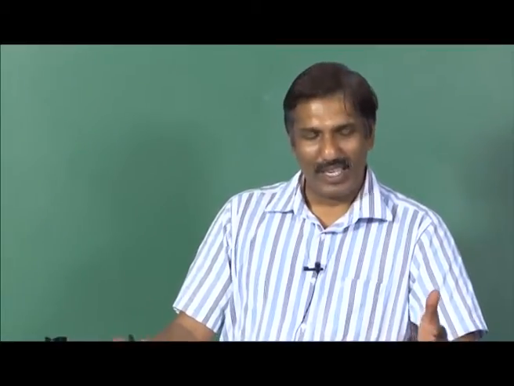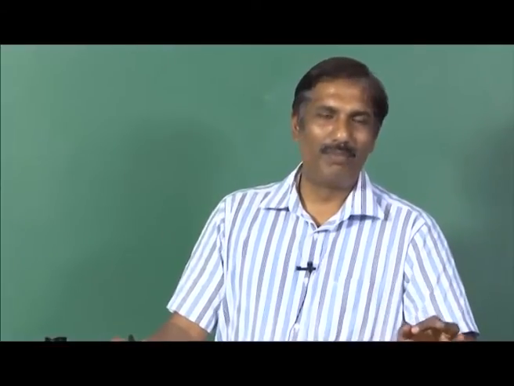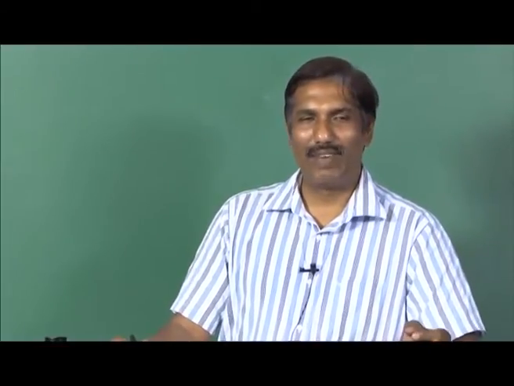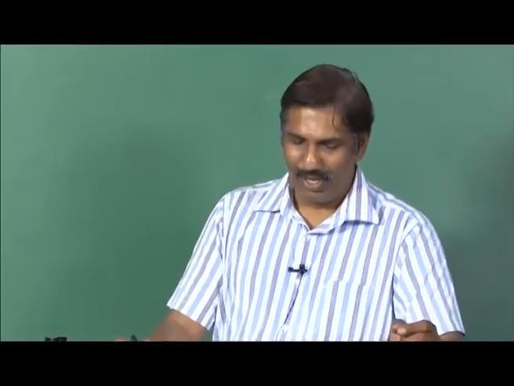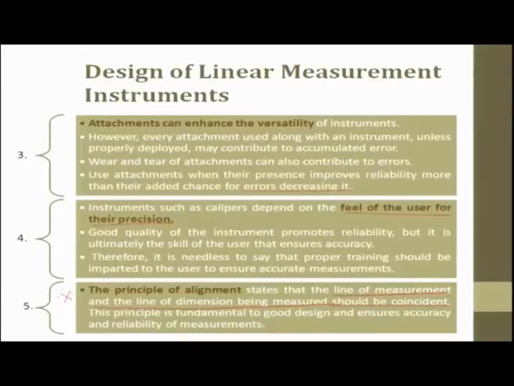For example, if they are not coincident and if it is inclined at an angle, there will be a cos theta or a sin theta value added to the base when you get the result. The principle is fundamental to good design and ensures accuracy and reliability of measurement.